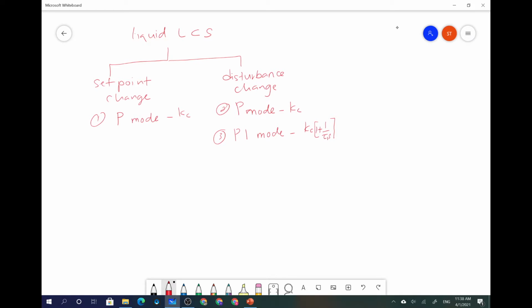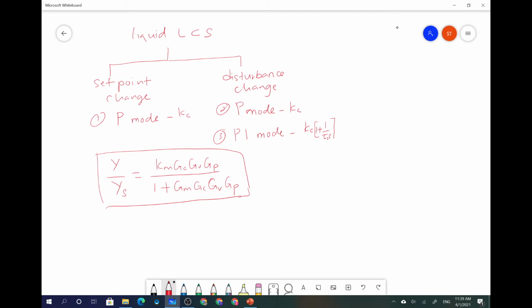remember the closed loop transfer function, which is Y over Y set point. And if you can memorize that, it is GM GC GV GP over 1 plus GM GC GV GP. From this closed loop transfer function that you already derived in my previous video, we're going to go for this case.